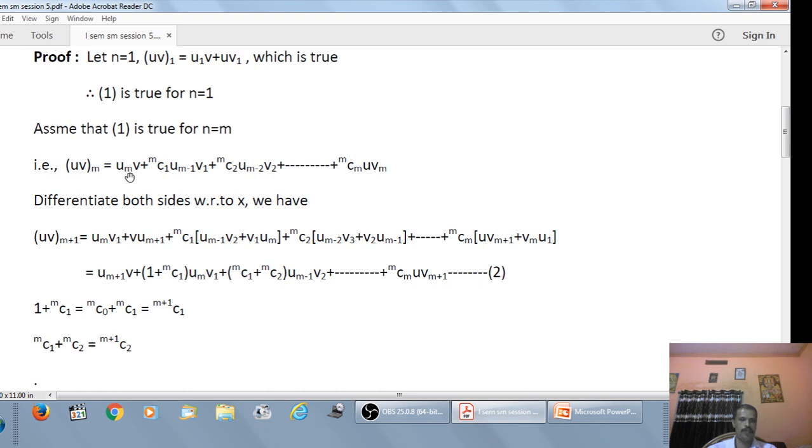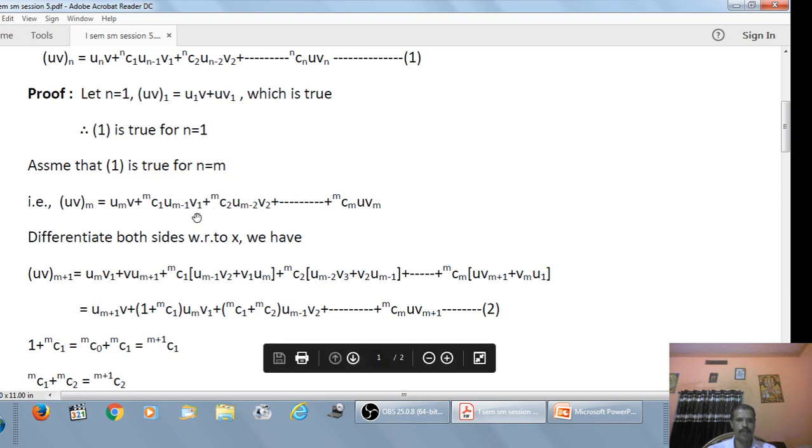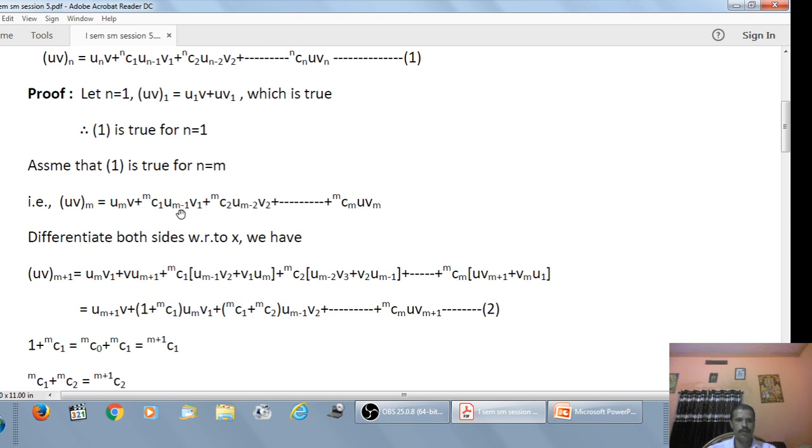That means in the subscript 1 is added, u_(m+1) plus m C 1 is a constant into, again use the product rule, first function u_(m-1) into the derivative of second, v2, plus second function v1 into the derivative of first, the derivative of the (m-1)th derivative. That means the 1 is added. Minus 1 plus 1 gets cancelled.